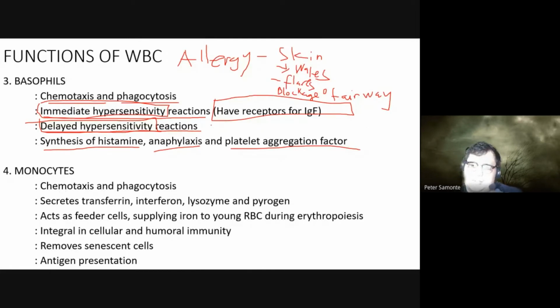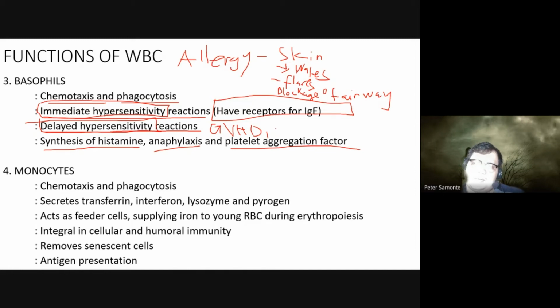Delayed hypersensitivity. So an example would be your graft versus host disease. Graft versus host disease. The poison, inflammation, irritation. No, more on immediate yan. For pag delayed kasi class, hindi siya immediate. So one type would be your graft versus host disease.